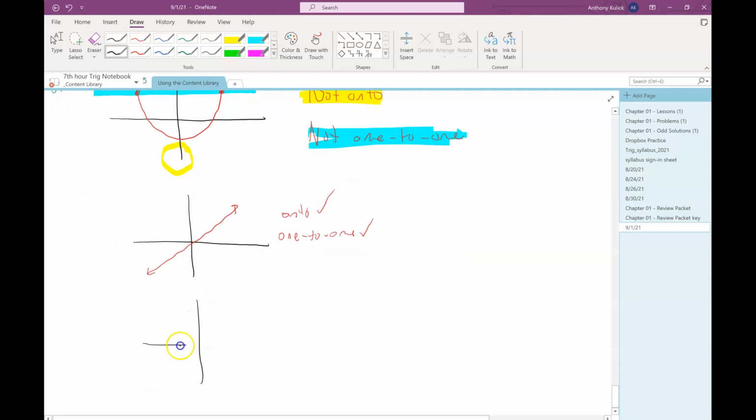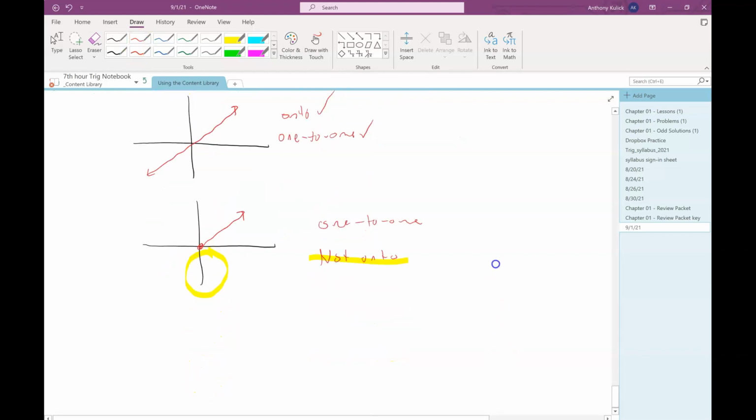Well, what if I want something that's just one-to-one and not onto? How about this? That's one-to-one, there are no y coordinates that are used more than once, but it's not onto because there are lots of y coordinates that aren't used at all.